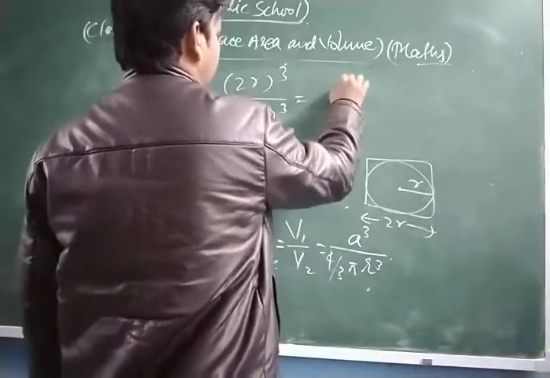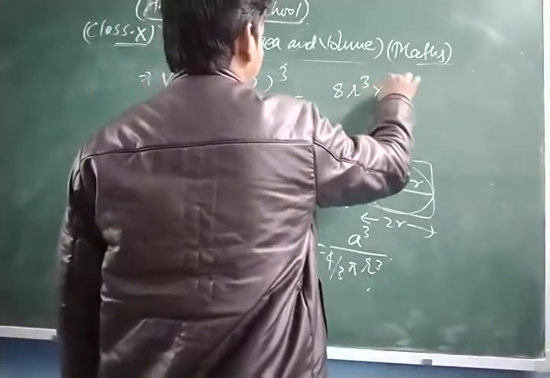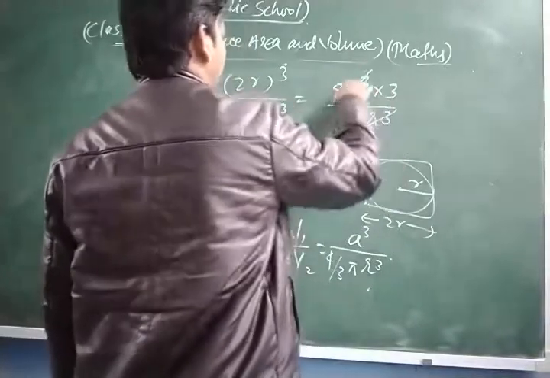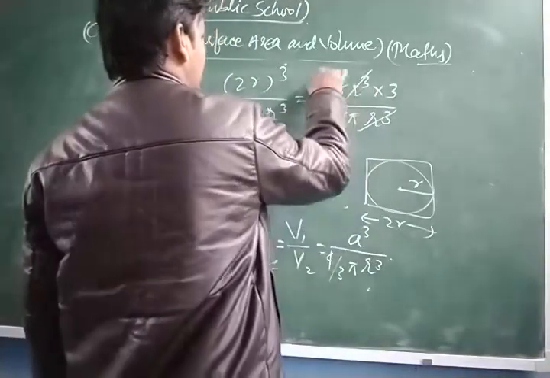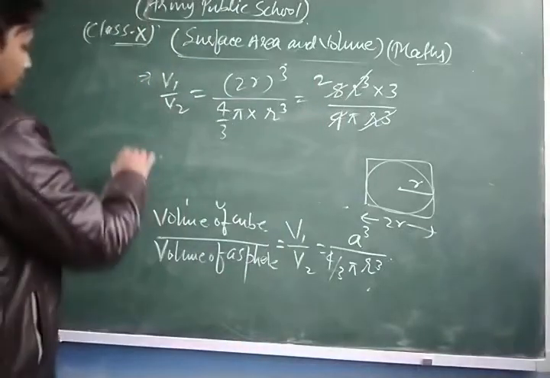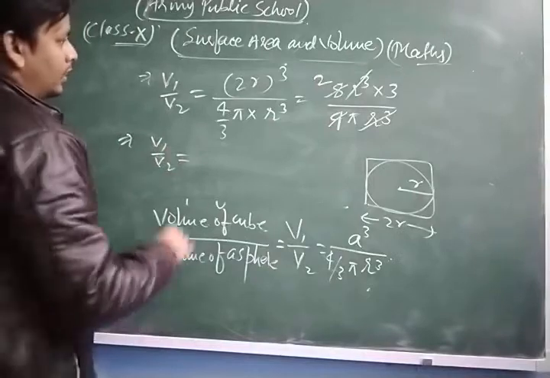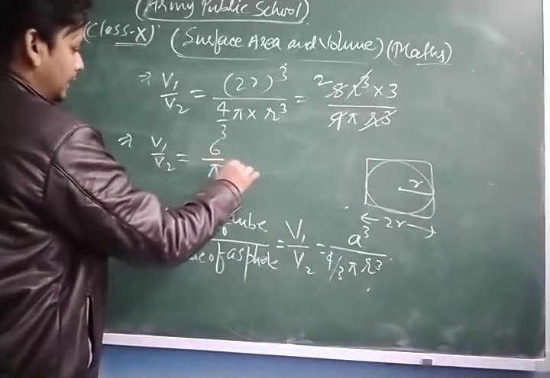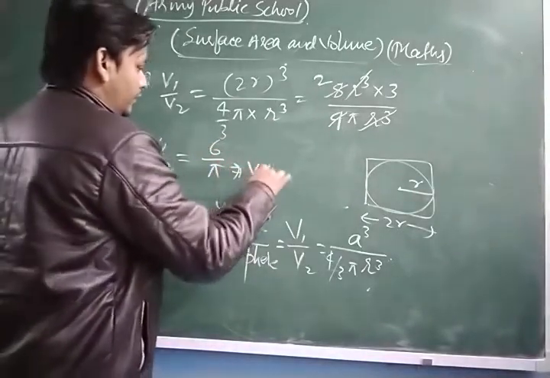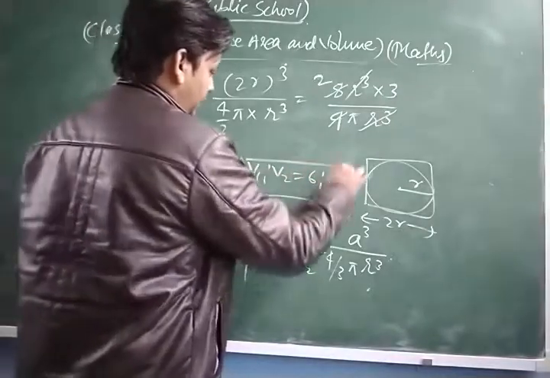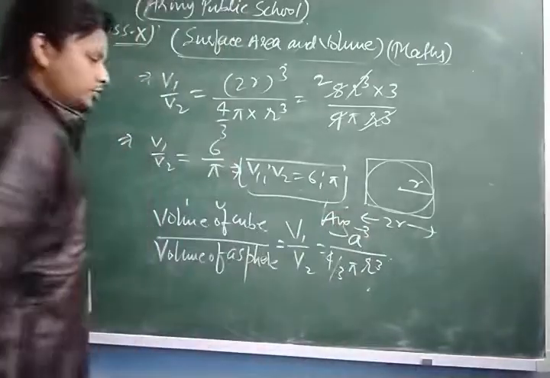This is 8R cube into 3 upon 4 pi R cube, R cube cancels, 4 into 8. So the required ratio V1 to V2 is 6 to pi. This is the required solution of the given question.